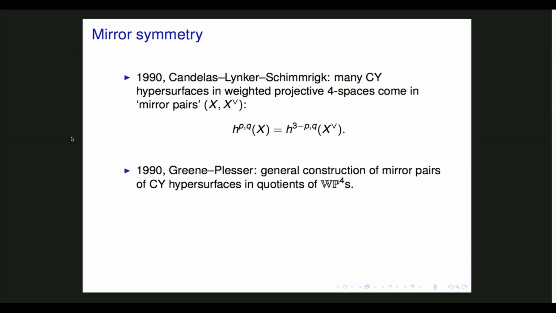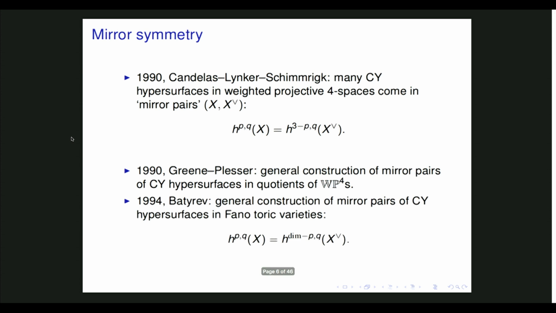So they gave just an explicit construction of these kinds of spaces. And their construction was generalized by Batyrev in 1994. He gave a general construction of mirror pairs of hypersurfaces in toric varieties in any dimension at all, whose Hodge numbers satisfy this mirror relationship.